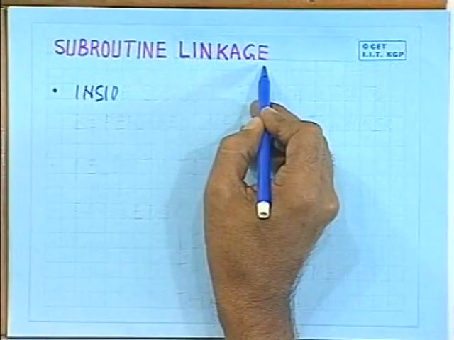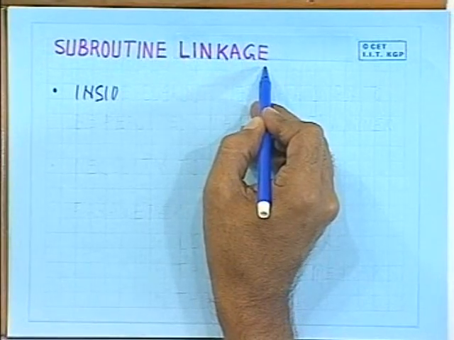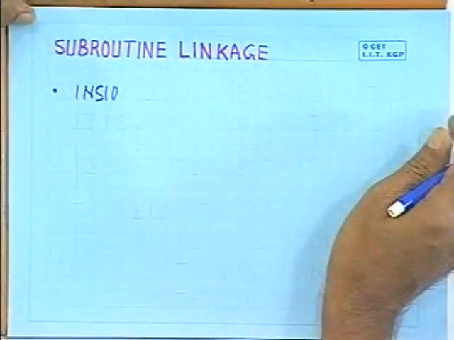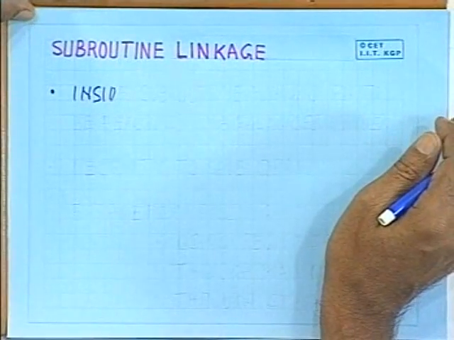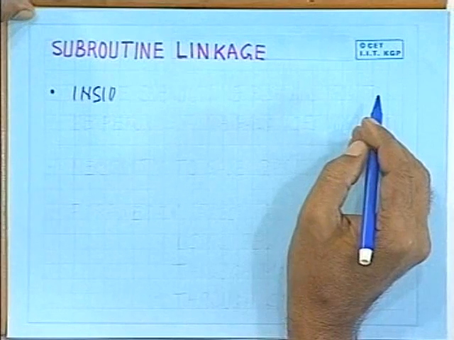Then before you return from the subroutine, you have to pop the addresses from the stack, and you have to also return the parameters from the subroutine to the main program. So, all these aspects together are known as subroutine linkage. It involves three basic operations: invoking a subroutine, processing a subroutine and returning from the subroutine.